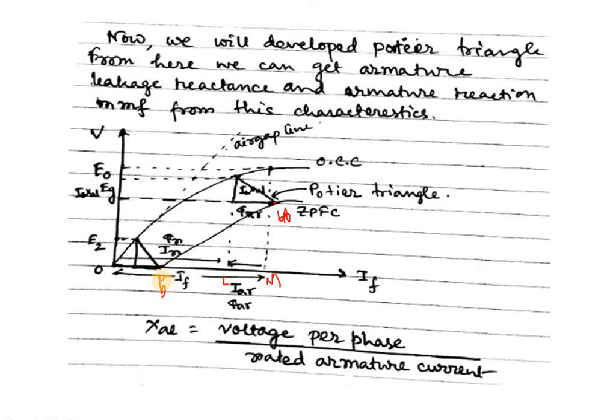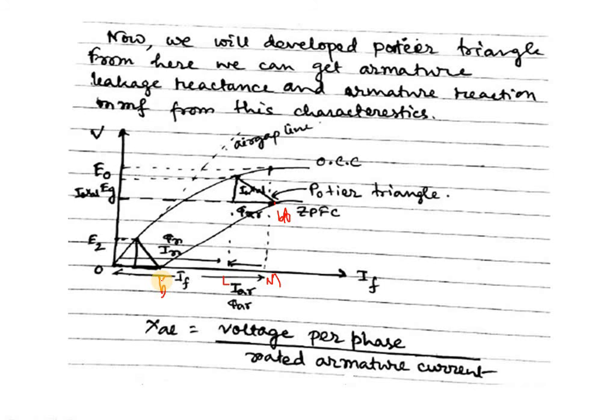Point B corresponds to the field current which gives rated terminal voltage while the ZPF is adjusted to draw the rated current. The point B dash corresponds to the short circuit condition on the machine, where V equals 0.